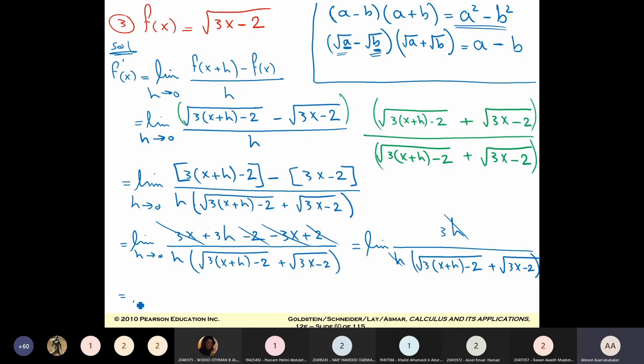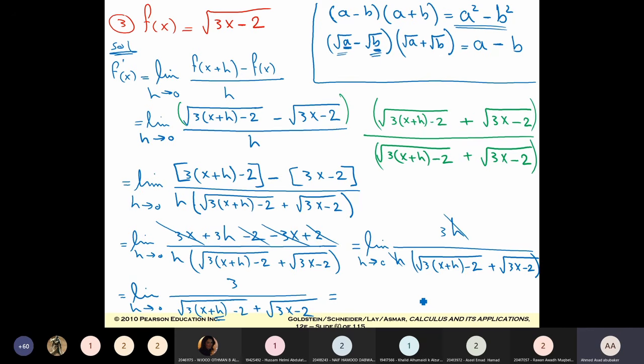So we have limit h goes to 0, and we have in the numerator 3, and in the denominator radical 3 multiply x plus h minus 2 plus radical 3x minus 2. Now we can substitute h with 0. This is 0.